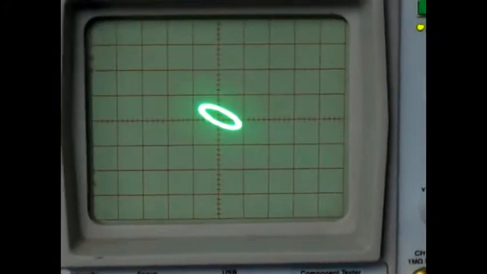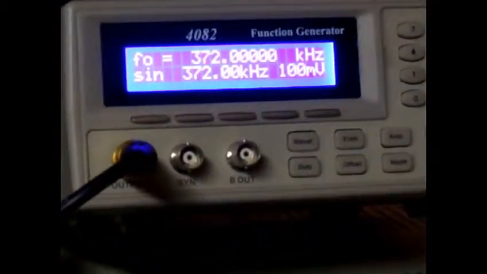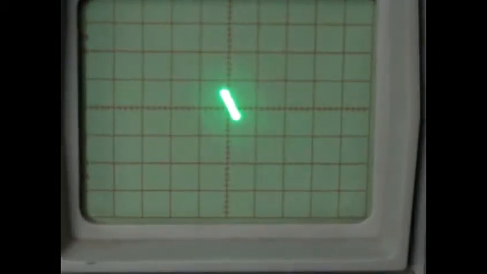Just increase. So after a certain frequency, the ratio in the ellipse which we described remains constant, meaning that the phase is approaching a steady value which should be 180 degrees.